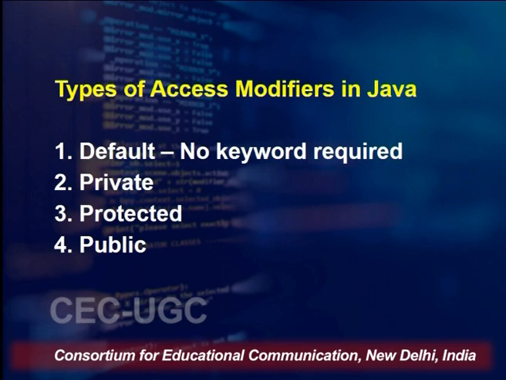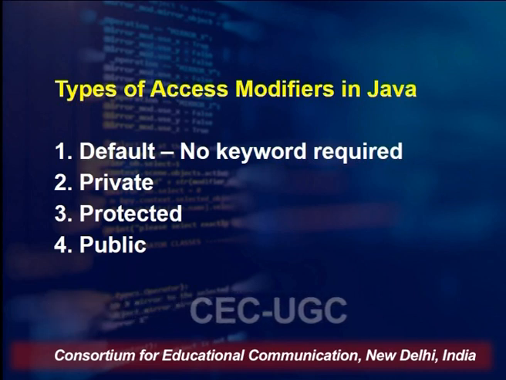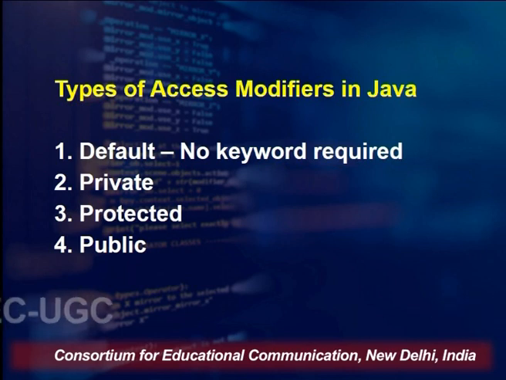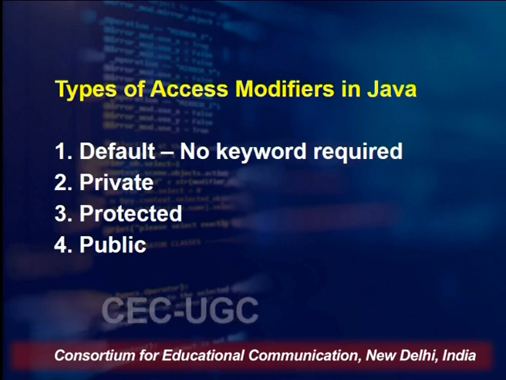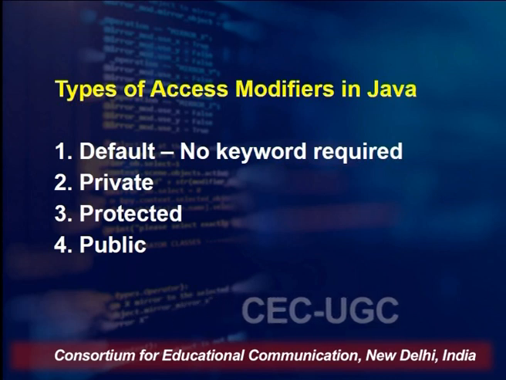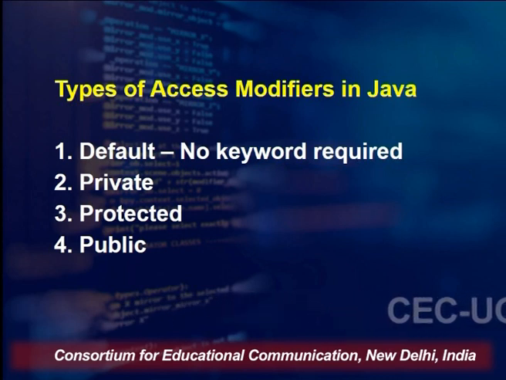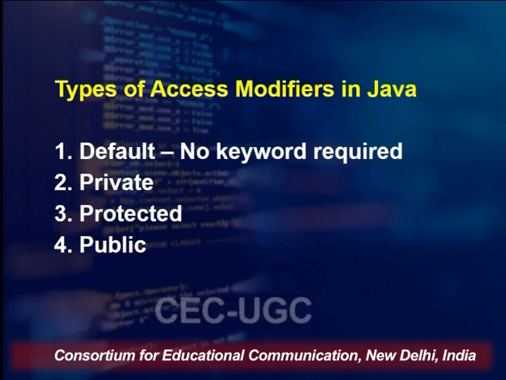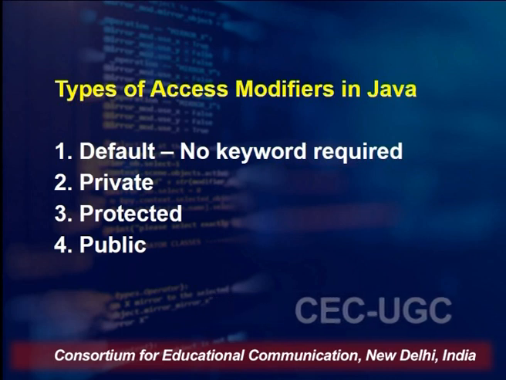Then the second one is the private access modifier. Then we have the protected one. Protected is used when we are talking about the inheritance feature, so it is used with subclasses and superclasses, and apart from that we have public also. So, the four types of access modifiers in Java are default, private, protected, and public.